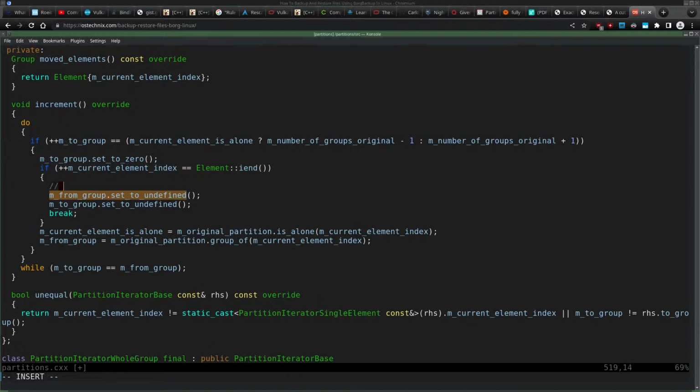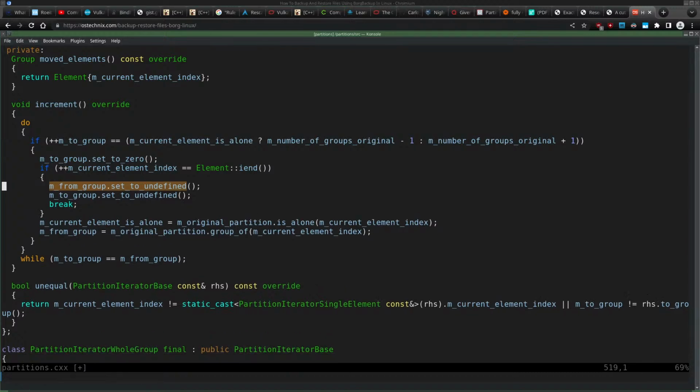So this is the way to set it to undefined. Now that would be code duplication, and as we all saw, it went wrong because in one case it worked, in the other case it didn't, and that is because we had code duplication. No code duplication is better.